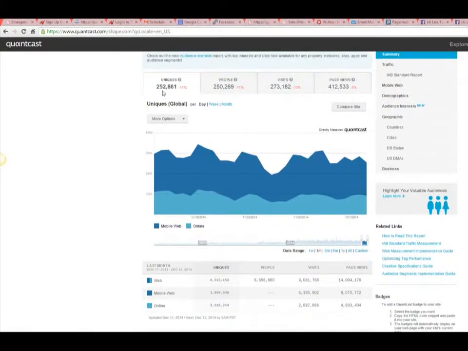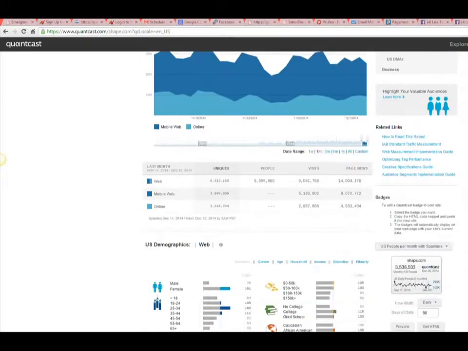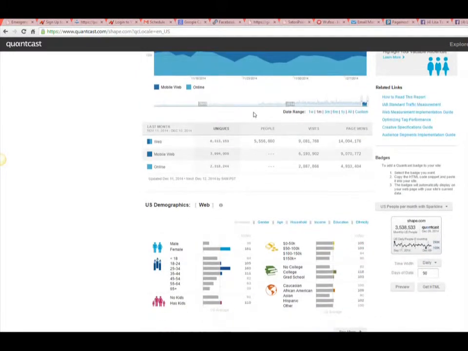It's about 250,000 unique visitors. This is how many are visiting over the course of this time. And you can scroll over and say, at this point in the day, say at 11:30, I had 189 people visiting that website that day.